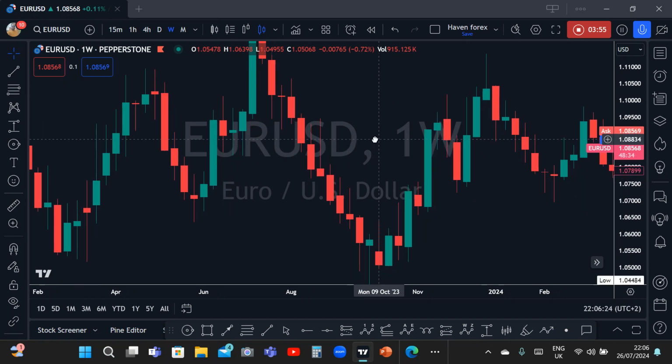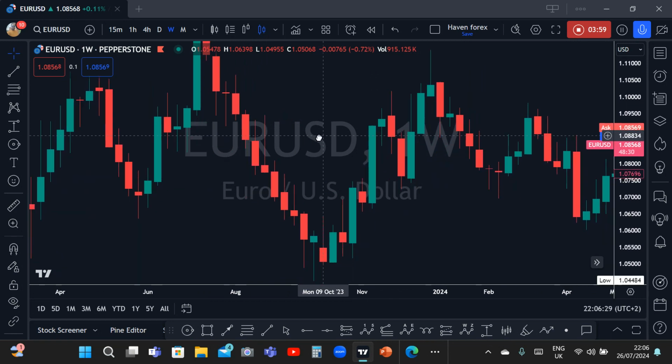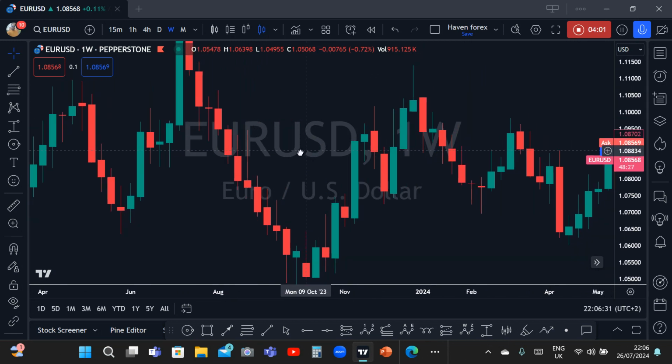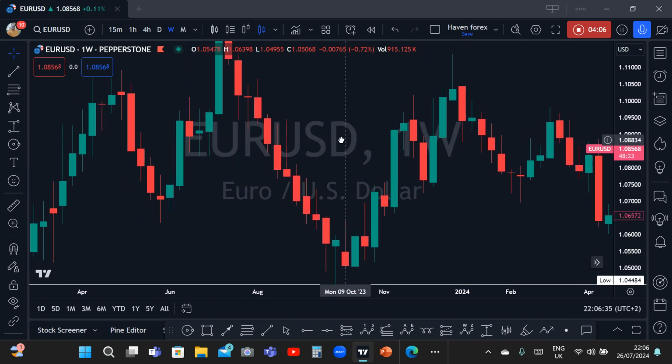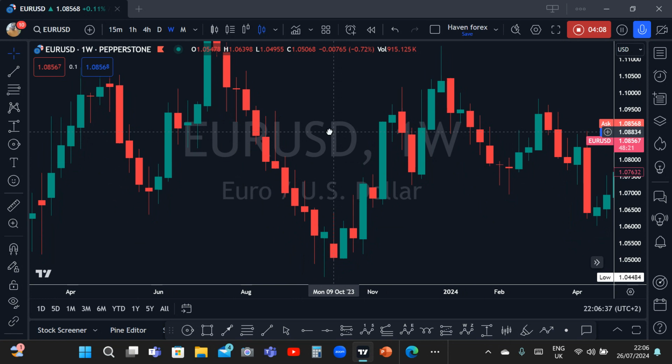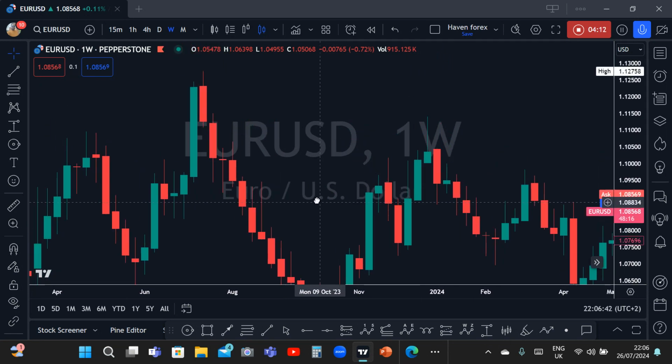Please scale up. There you will see the direction of the price action. When you scale up, you'll be able to see the structure perfectly. You know the direction of the trend.